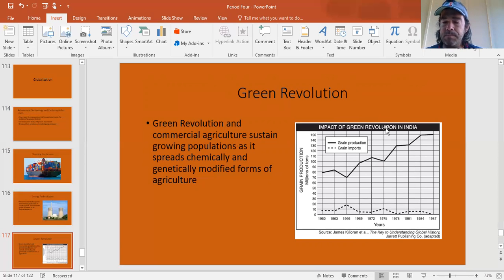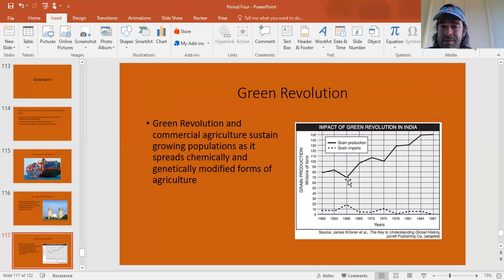This right here is the chart of food production in India from 1960 to 1987. And I mean, this is 30 years ago. And you can see how much the food production in India grew in just the first 30 years of adopting this. This right here is in the middle of a famine in India where millions and millions of people did not have enough food.